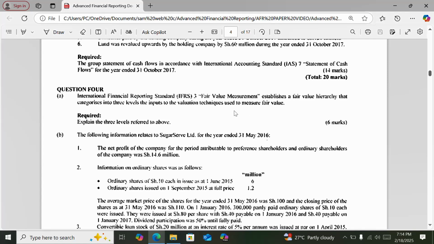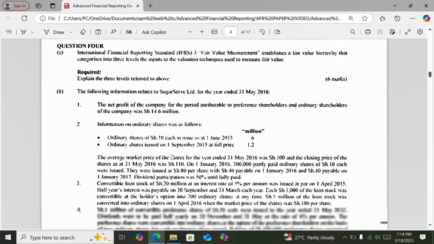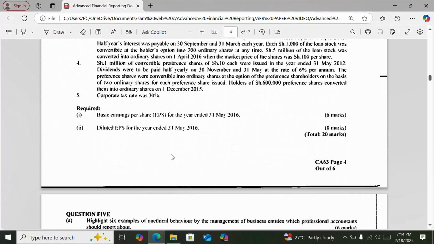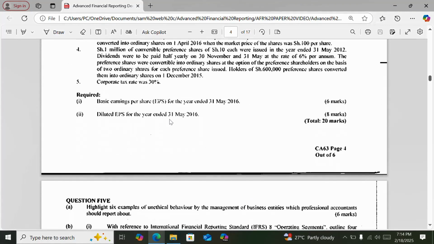So now you are required to explain the three levels referred to above. Then part B required basic earnings per share, EPS, for the year ended 1st May 2016, and then diluted EPS for the year ended 1st May 2016.